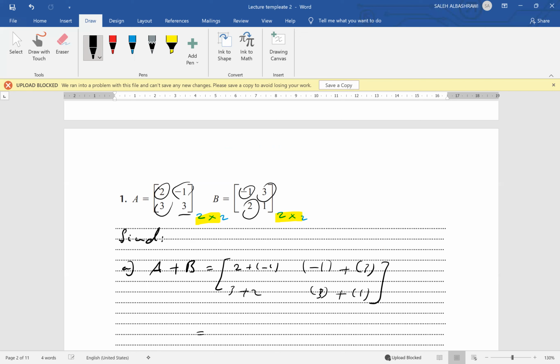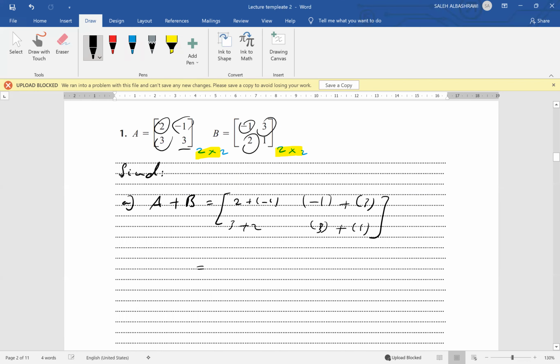This will give me 2 minus 1 is equal to 1, minus 1 and 3 is equal to 2, and 3 plus 2 is equal to 5, and 3 plus 1 is equal to 4. And you can see this is a 2 by 2 matrix again. So this is A plus B.